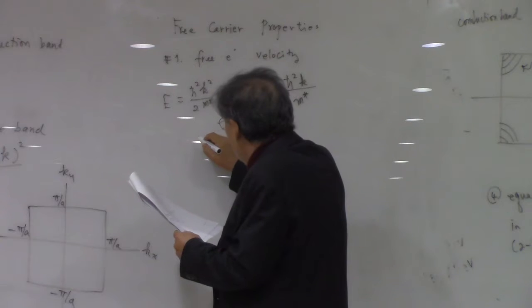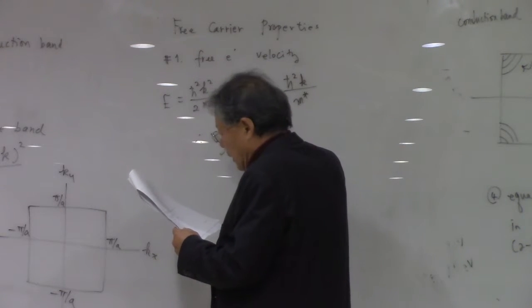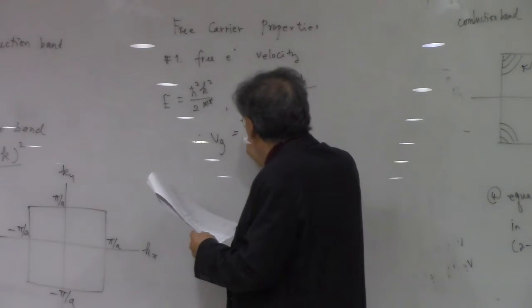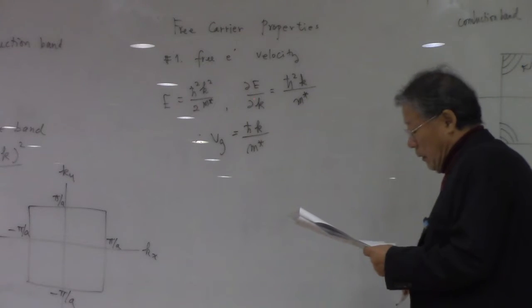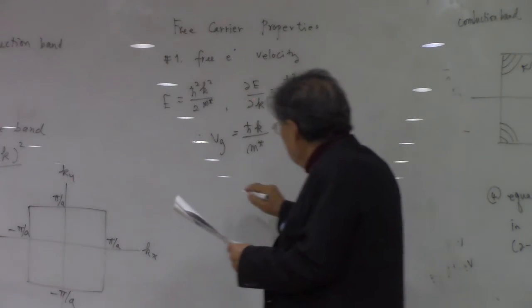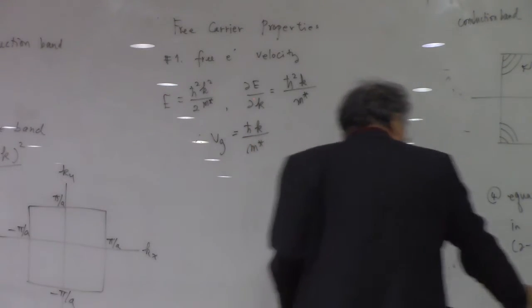And so group velocity is going to be h bar K over M. Effective mass here. Sorry.